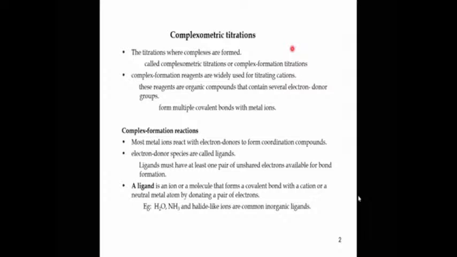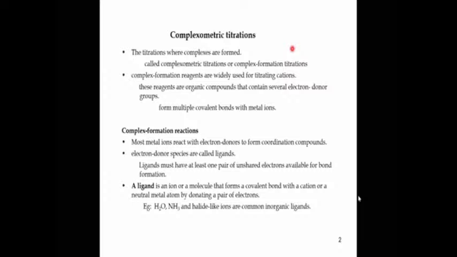So this sort of titration, the complexometric titrations, are very, very widely used for the determination of metal ion concentrations in samples, right?